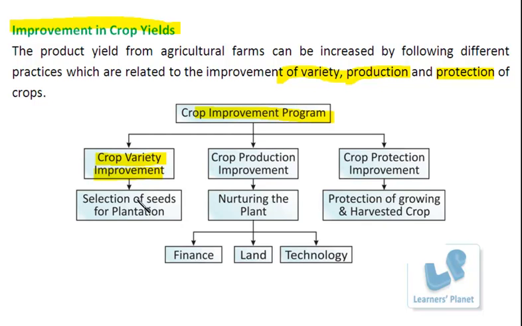So the initial point of agriculture or crop production is the seeds. The very first point, to improve the variety, is the selection of the seeds. If the seeds are good, the plants obtained will be better.